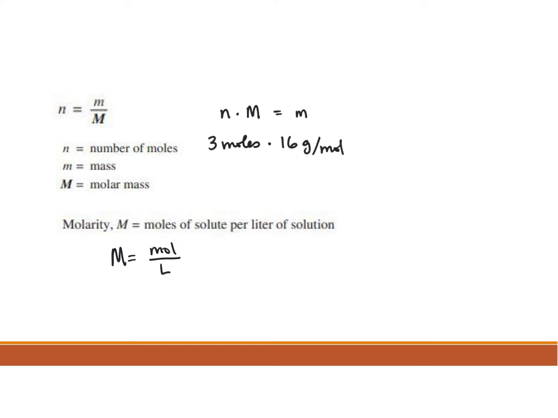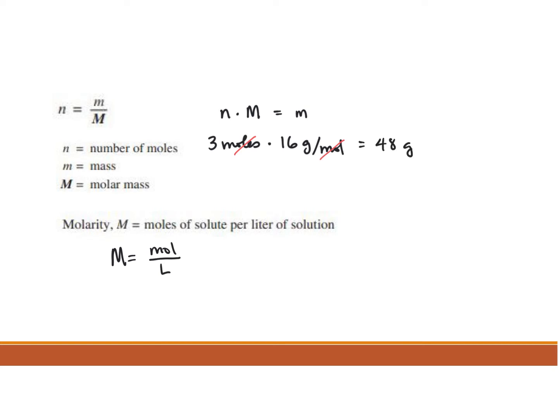And remember, when we say per mole, we're saying per 1 mole. So if you have 3 moles of a substance and you multiply it by 16 grams for every 1 mole, it would make sense that you multiply these, canceling out the mole units, so that your final mass would be 48 grams.